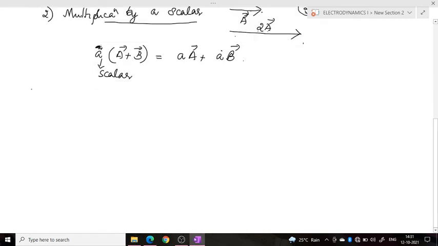Now the third operation is the product of two vectors. The first one is the dot product.